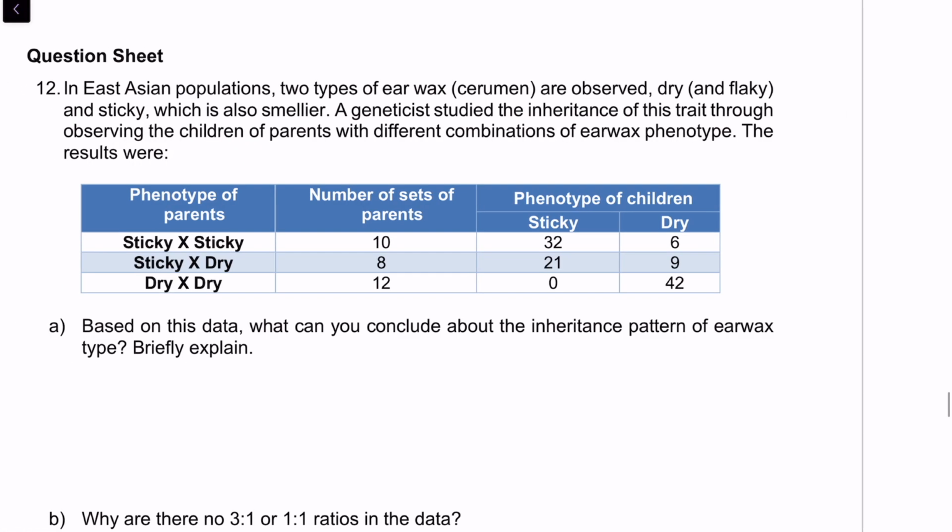In East Asia populations, two types of earwax are observed, dry and sticky, which is also smellier. A geneticist studied the inheritance of this trait through observing the children of parents with different combinations of earwax phenotype. The results were as follows in this table, okay?